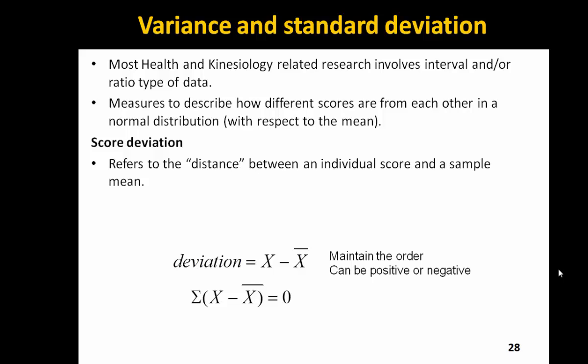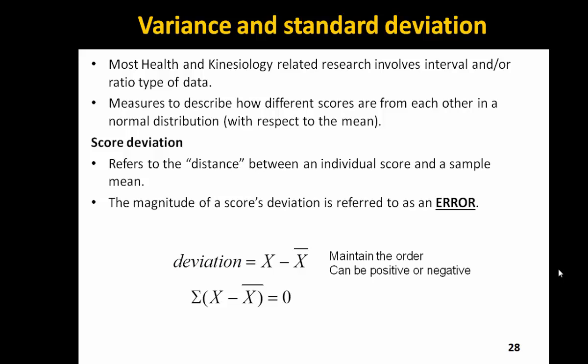This all begins with calculating something called a simple deviation. A deviation refers to how far a single value, a single research participant's score, is from the average score of that sample. We typically refer to the magnitude of a score's deviation as an error.